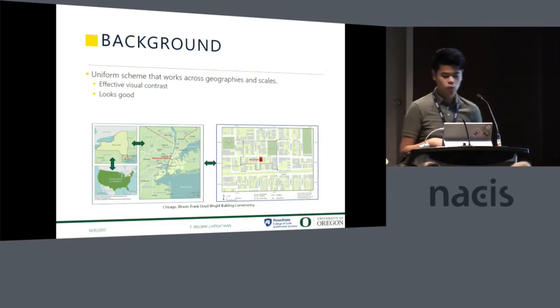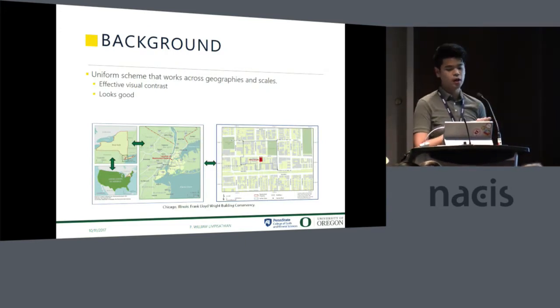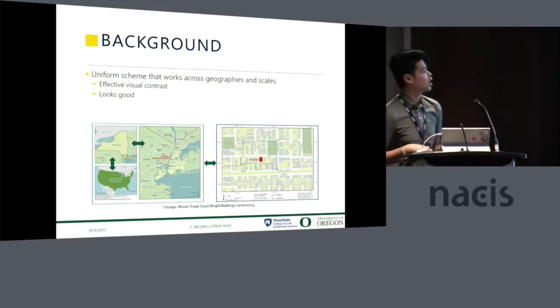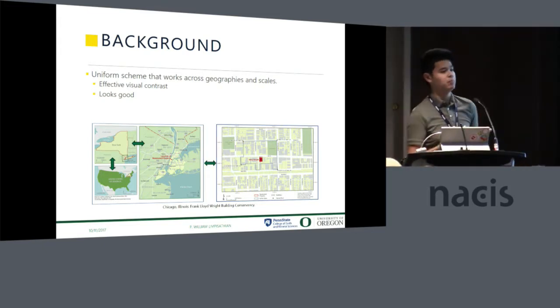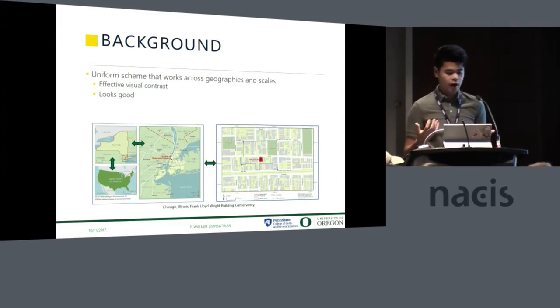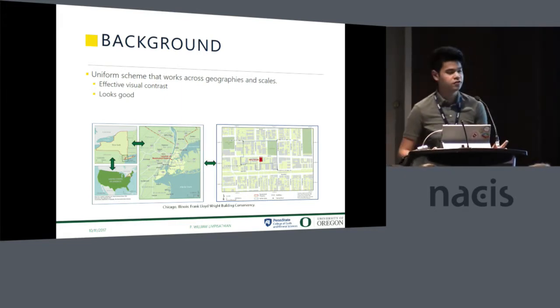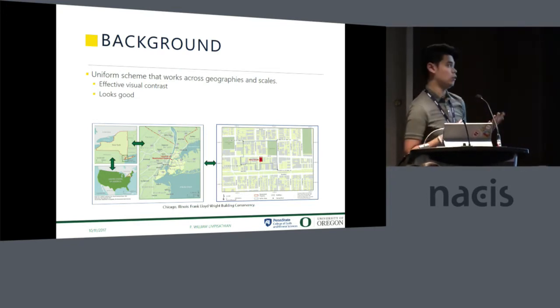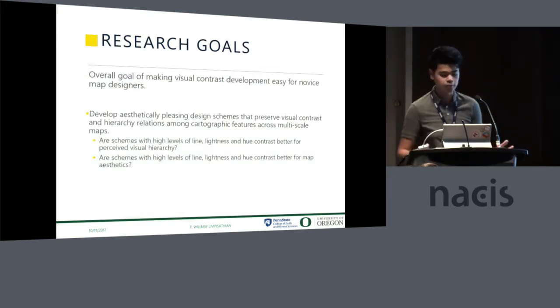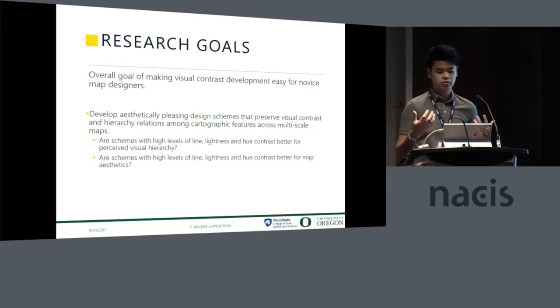And what I essentially thought after it was, wouldn't it be nice to have a resource that helps us develop a range of uniform schemes that work across geographies and scales, that is effective for visual contrast and still looks nice in the end. So that was where this master's thesis was born.